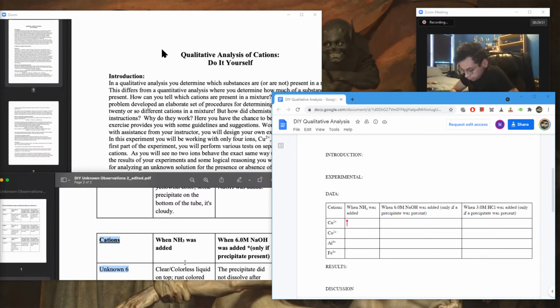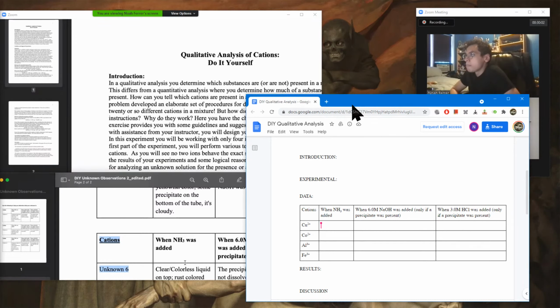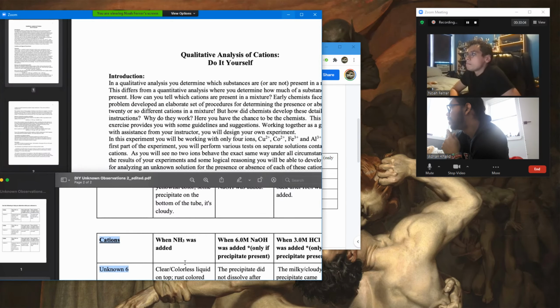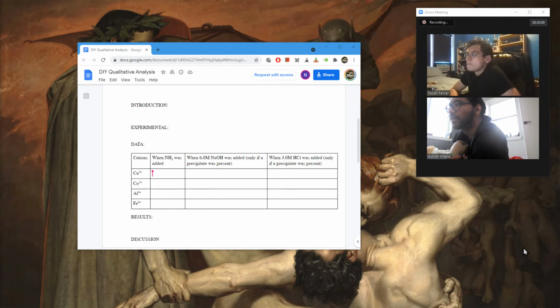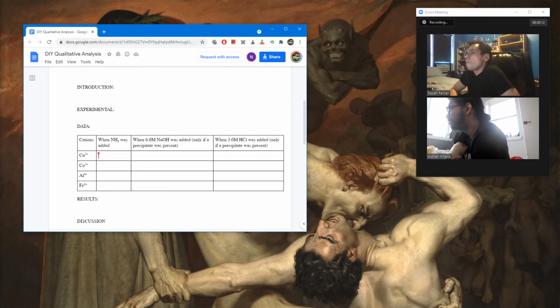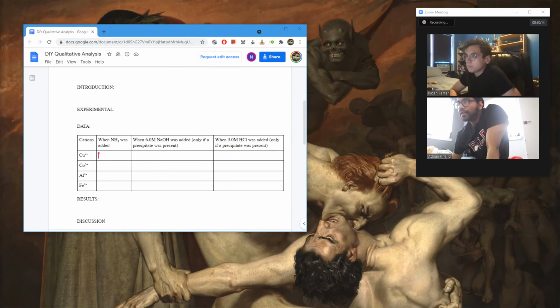Use the following to help you create a viable procedure. Sorry, I have to change the brightness of my monitor because I have so much light coming in from behind me.